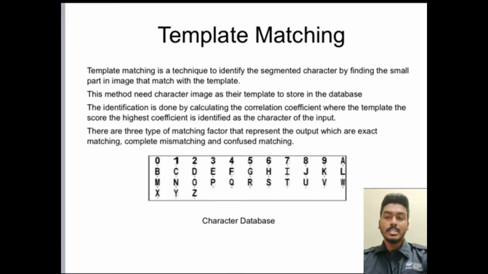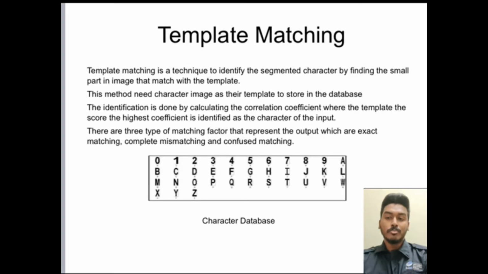Template matching is a technique to identify the segmented characters by finding the small part in an image that matches the template. This method needs character images as templates to store in the database. The identification is done by calculating the correlation coefficient, where the template that scores the highest coefficient is identified as the character of the input.